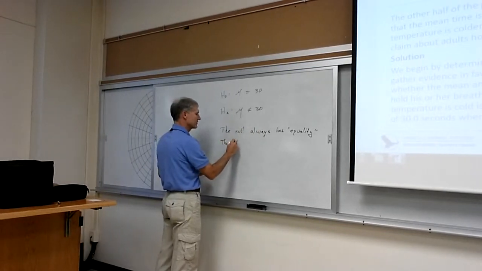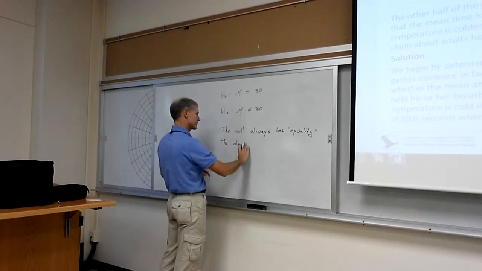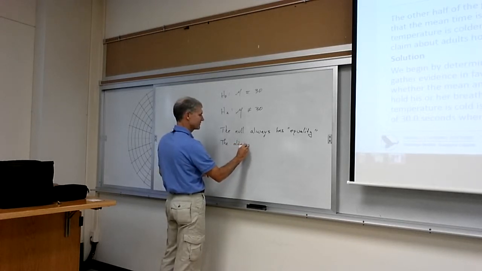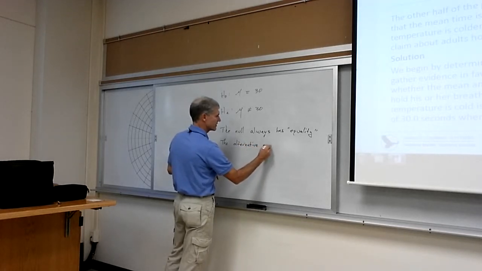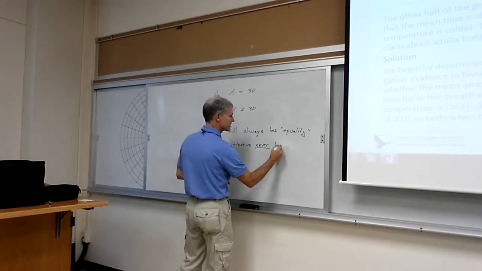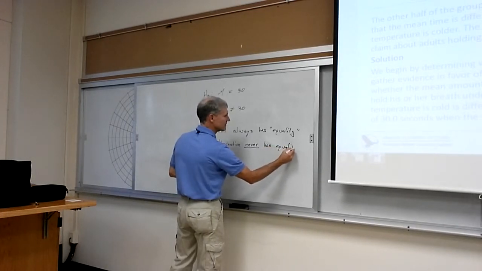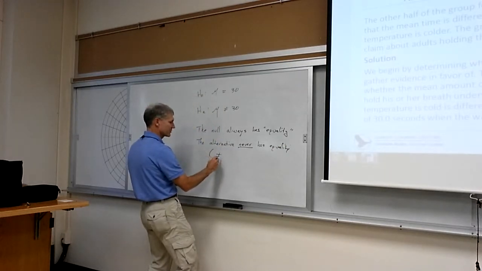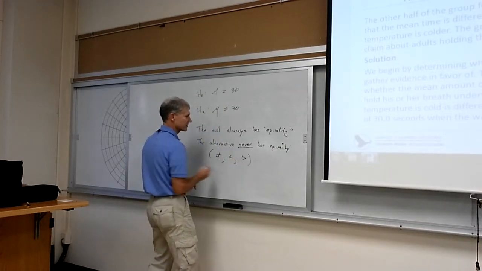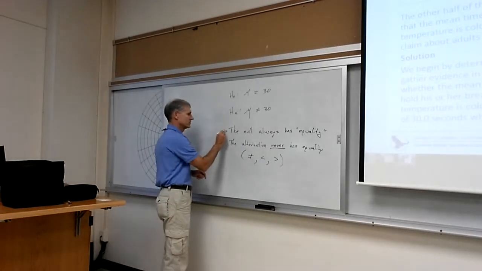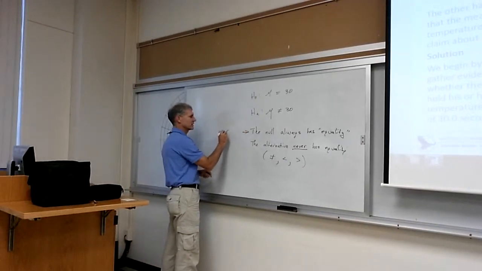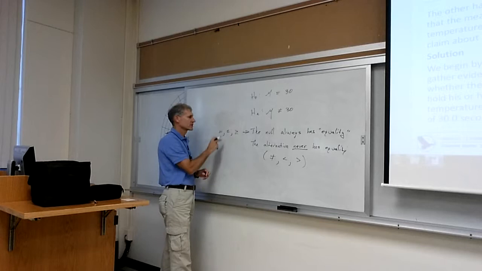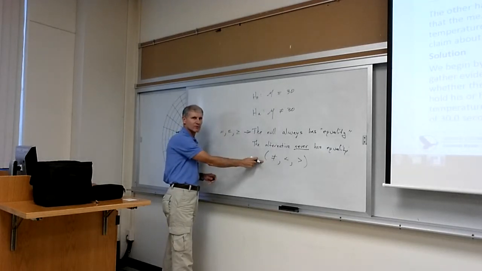The alternative never has equality. So it will always be either a not equal symbol, a less than symbol, or a greater than symbol. The null will always have an equal symbol, a less than or equal, or a greater than or equal. So this one always has equal, this one never has equal. Got it?